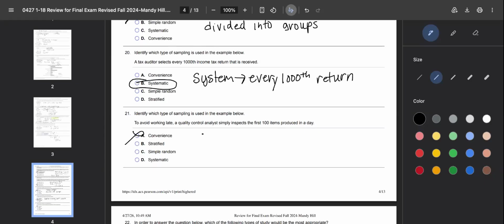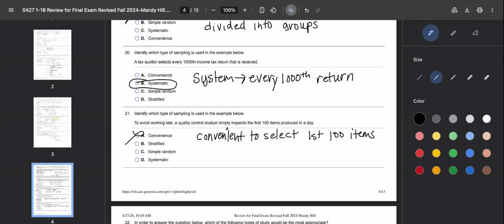And so I might say, to explain my work, just simply that it is convenient to select the first 100 items. That way they don't have to worry about it the rest of the day.